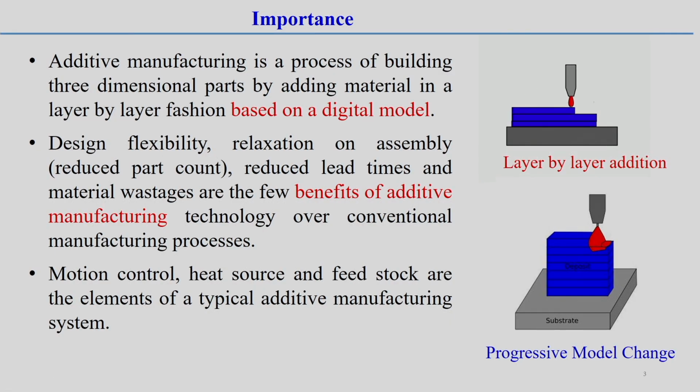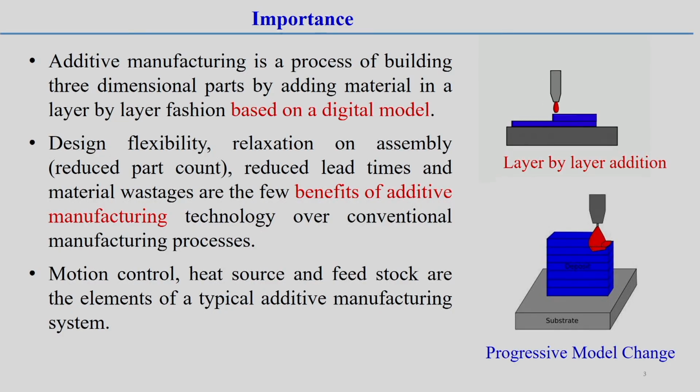Anyway, in this layer by layer deposition fashion, we take the geometrical shape from a digital model, normally a CAD model developed beforehand, and accordingly we can deposit layer by layer in this additive manufacturing process.